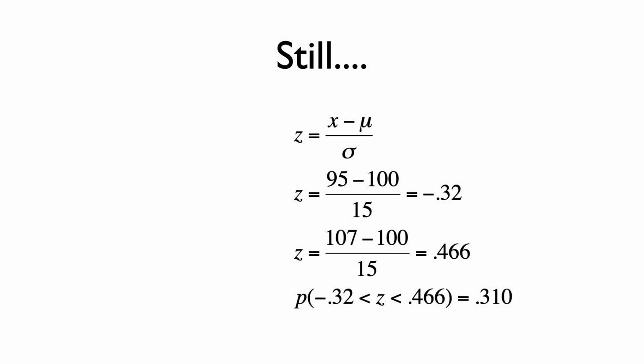It's not trivially easy. I'm going to 100, and from 95, I found out what the 2 Z-scores were, and then I looked up the probability of those 2 Z-scores in a Z table. Okay. That's all I did. Nothing fancy. Stuff you know how to do. Stuff you have done in the past.